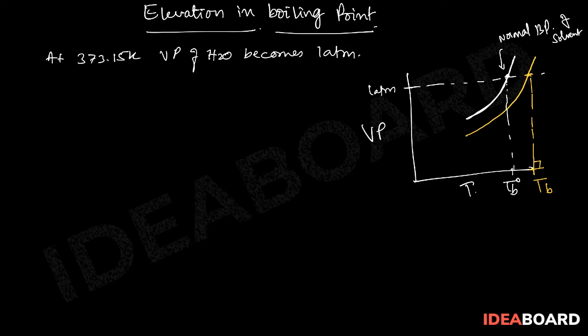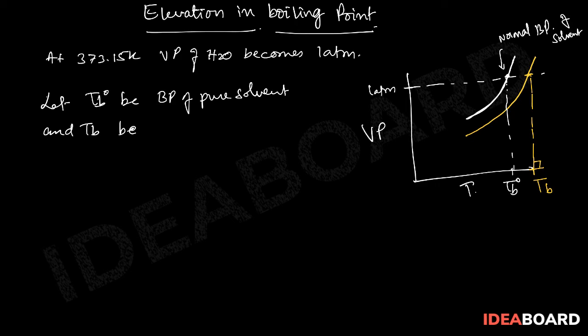So this is also one of the colligative properties. So what we can write is, say, let TB naught be boiling point of pure solvent and TB be boiling point of solution.